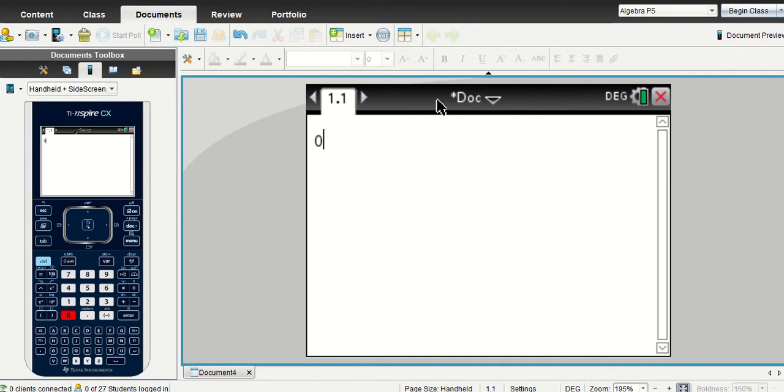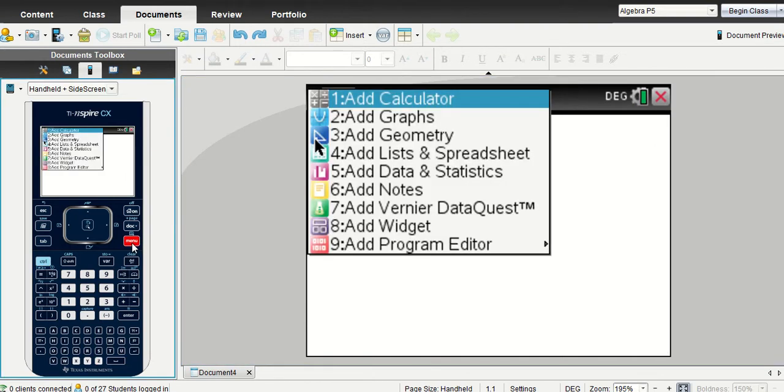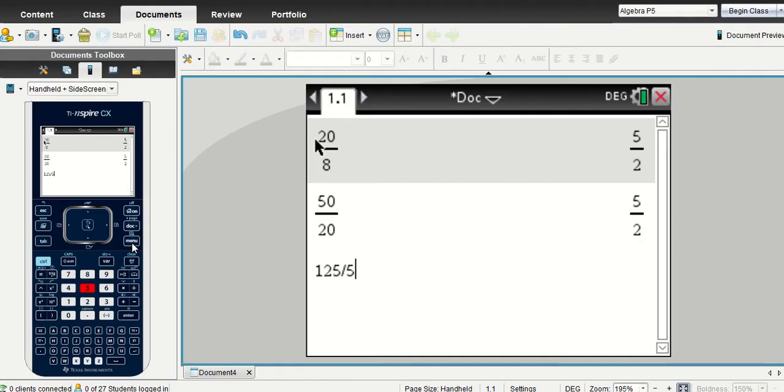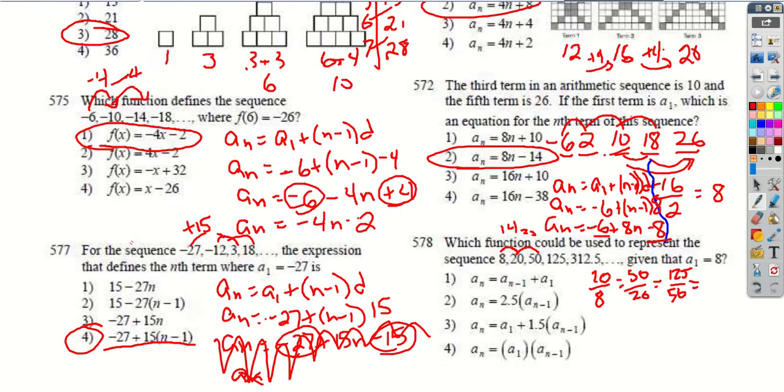So 20 over 8, 50 over 20, we're getting the same thing, and 125 over 50, we're getting the same thing, 5 over 2.